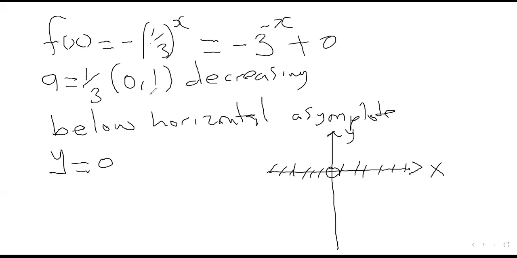Since this function is decreasing and this is just a reflection of 3 to the power negative x, it has to be below the horizontal asymptote. So it just will be something like this. That's how it's going to be like.